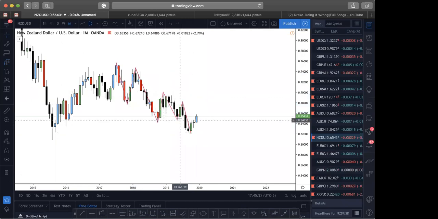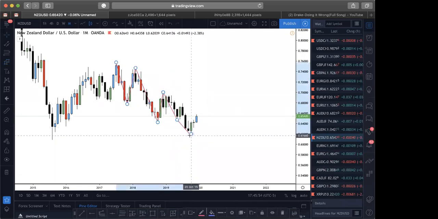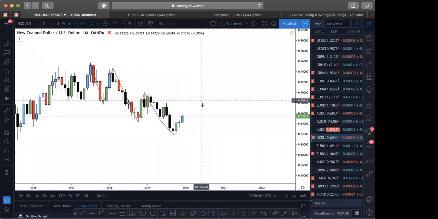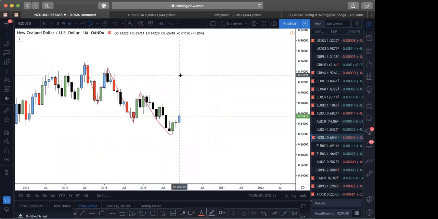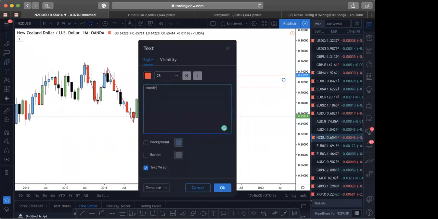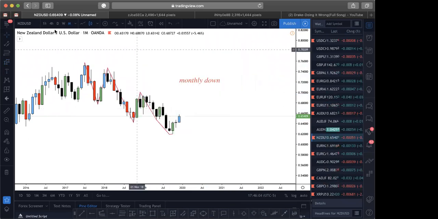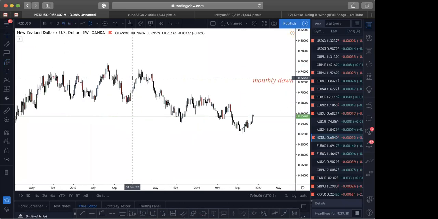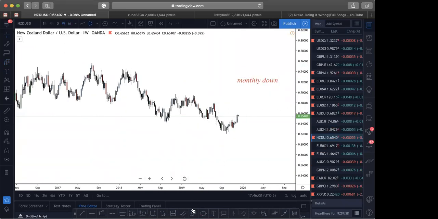Or this could be counted as one move, right? So we know that monthly is down, right? So now we hop on a weekly, and then we can see that the weekly time frame is trending down, making lower lows and lower highs, right?